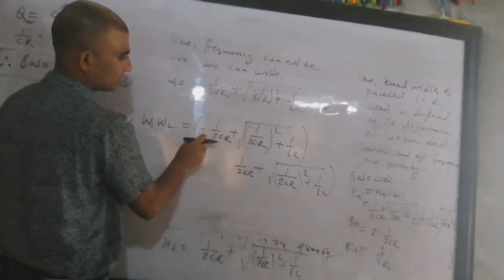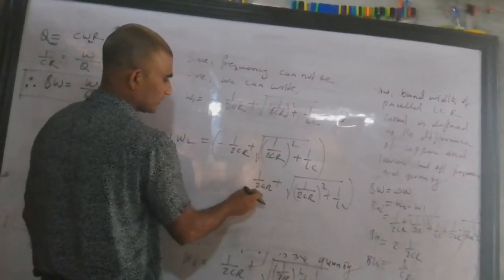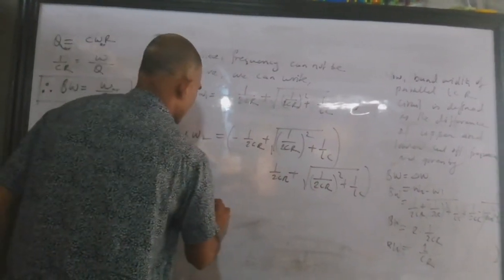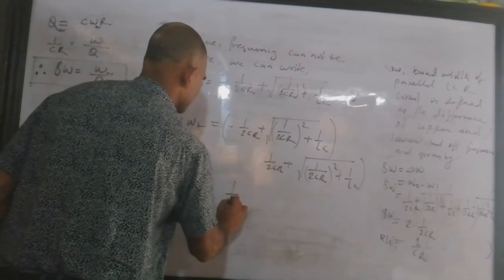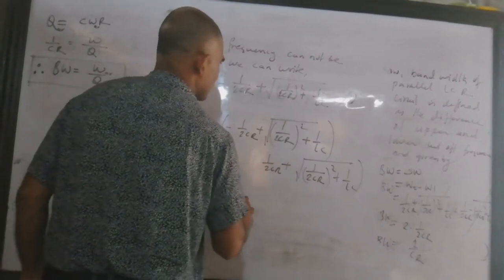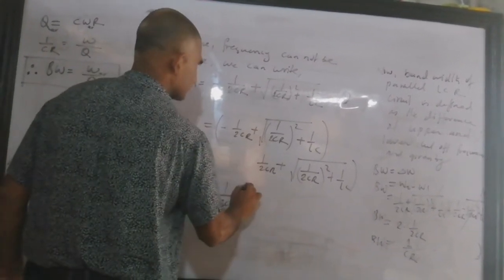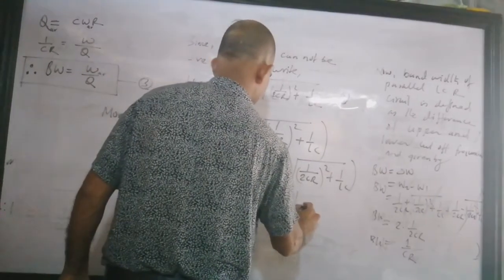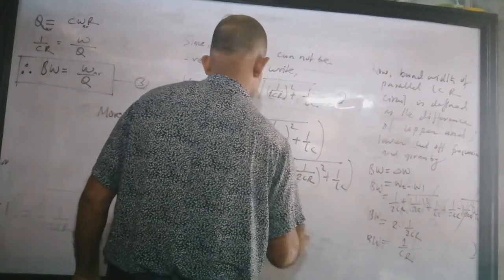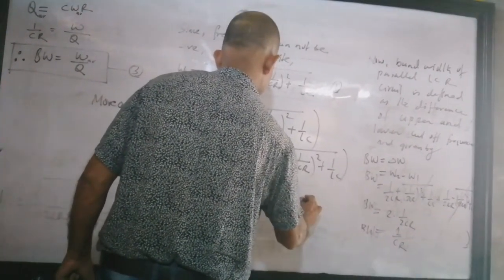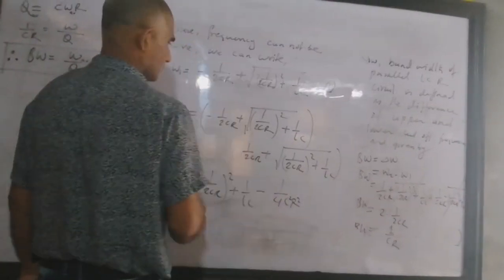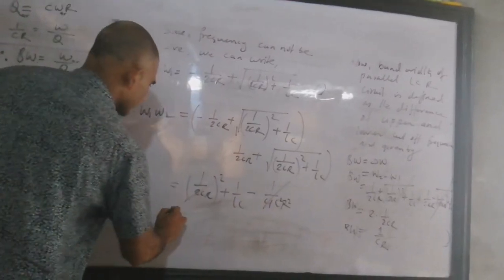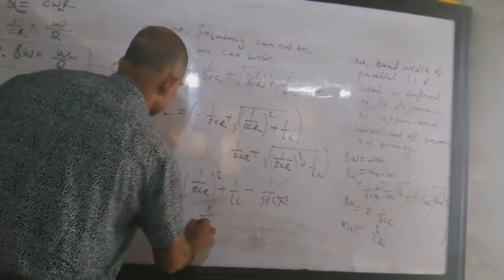See, this is A minus B, and this is A plus B. So we know A square minus B square is quite simple. So what we get is (1 by 2CR) whole square plus 1 by LC minus 1 by 4C square R square, and this term is the same, so interesting, and we get 1 upon LC.